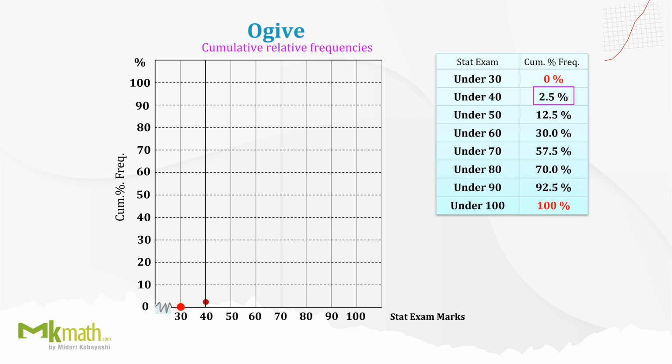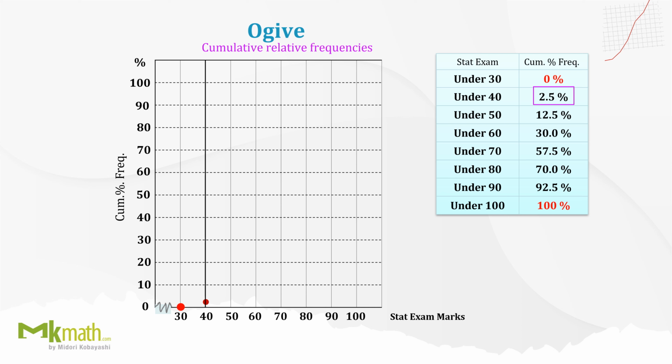Again, make sure to plot the point on the 40 grid line. Some of you may think to plot off the line because of the less than wording being used. However, each grid line already indicates less than value.